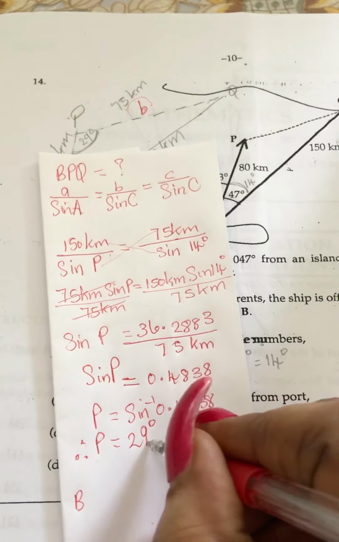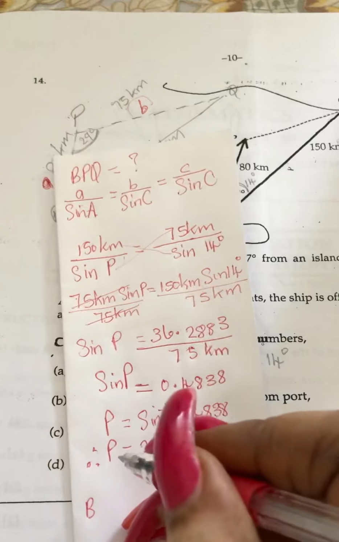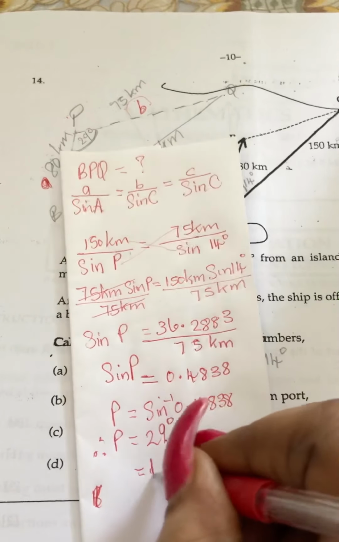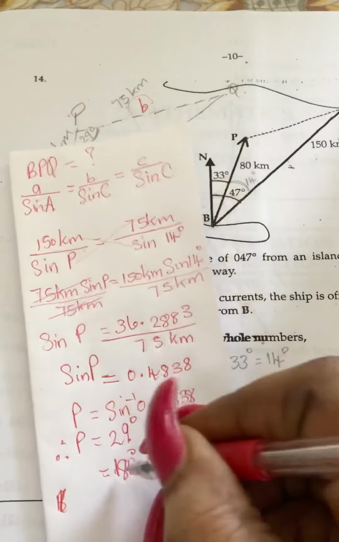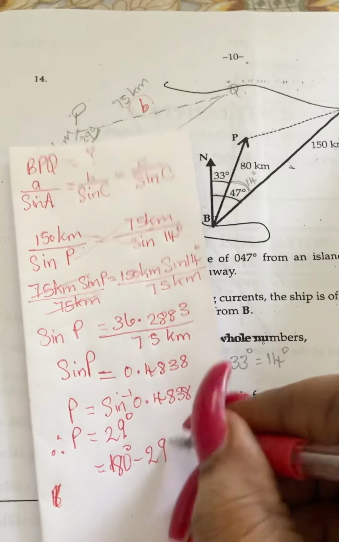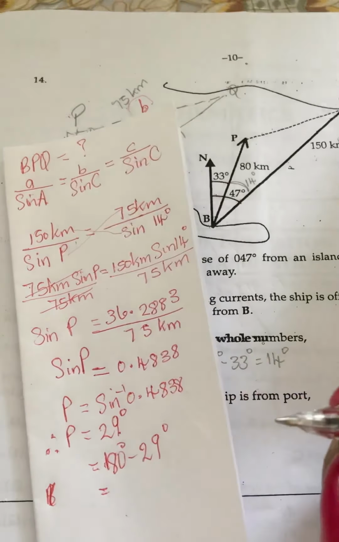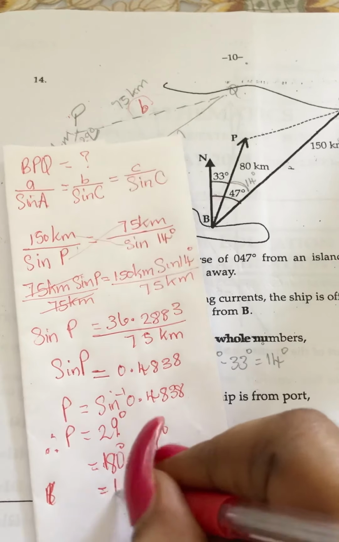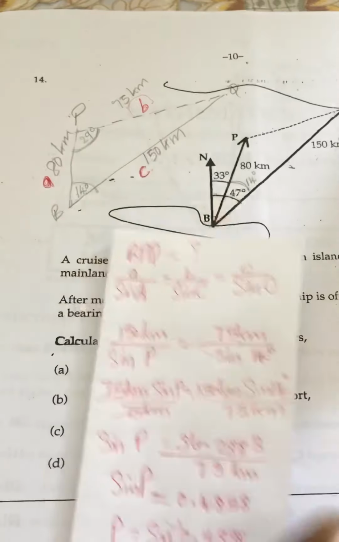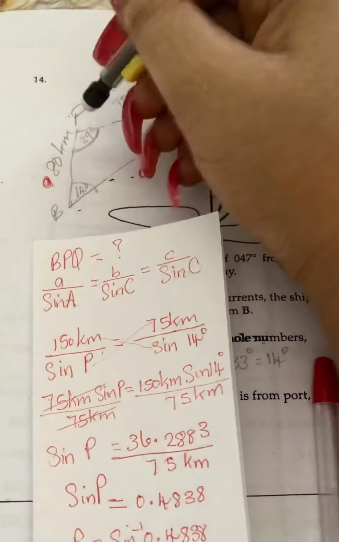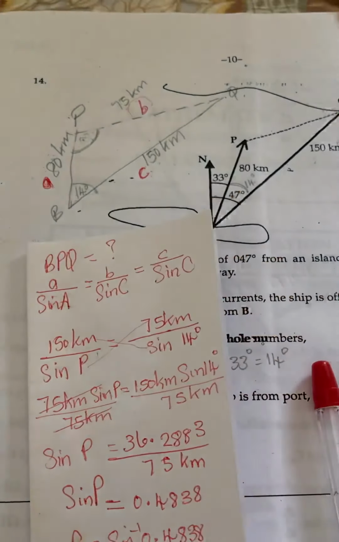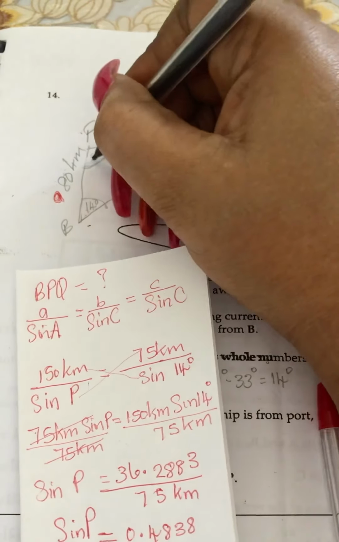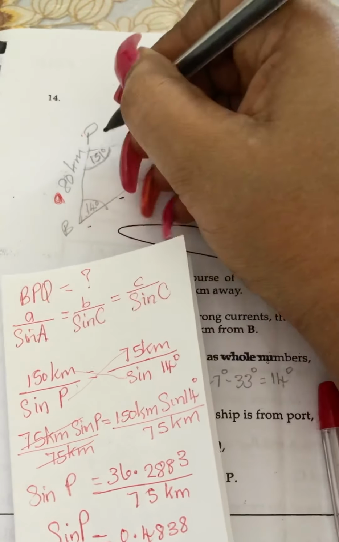This one is my little p, which is the acute angle. So my obtuse angle would have been, in this case, 180 minus 29. Angles on a straight line add up to 180. 180 minus that, 151. I noticed my error early, so I'm able to.